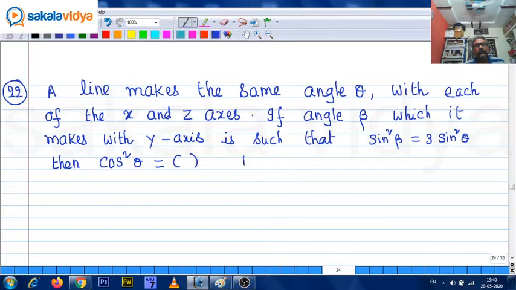First option 2 by 3, second option 1 by 5, third option 3 by 5, fourth option 2 by 5. This is the question.